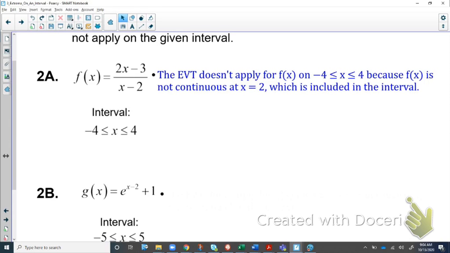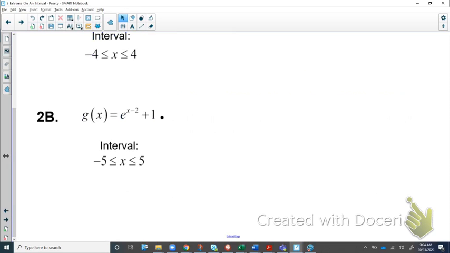But in this case, I'm simply going to explain that the extreme value theorem cannot be applied to this rational function on the given domain because it is not going to be continuous at some point on that domain, at x equals 2. And so here we're going to look at the next one. I would encourage you to try and make your determination here before I put the answer up on the screen for you.